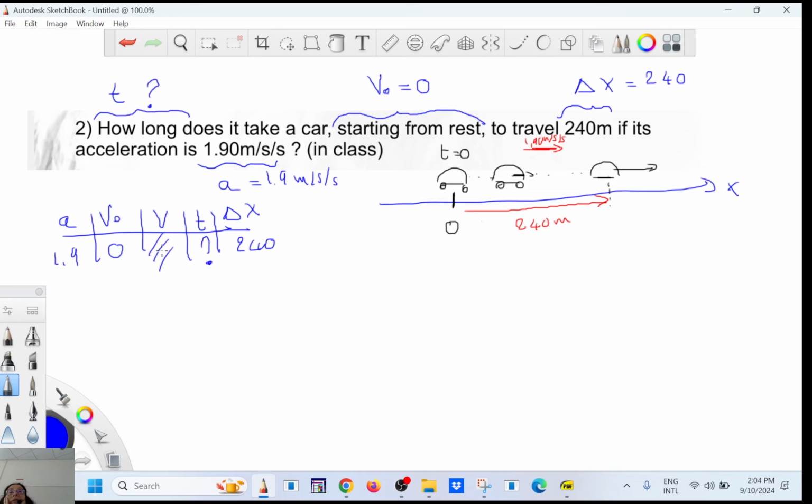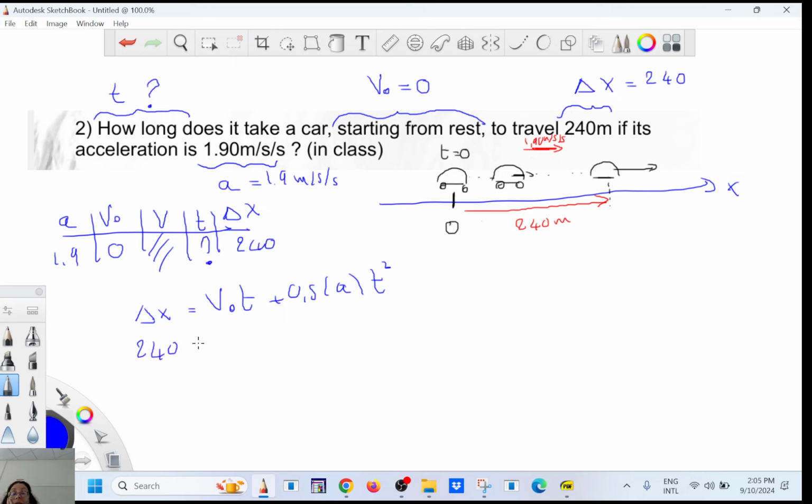Once you have done those 3 steps, then you look at your equation, and it's easy, right? So which equation can we use? One equation with a, initial velocity, time, and displacement, that will be, exactly, delta x equals initial velocity times time plus 1/2 a t squared.